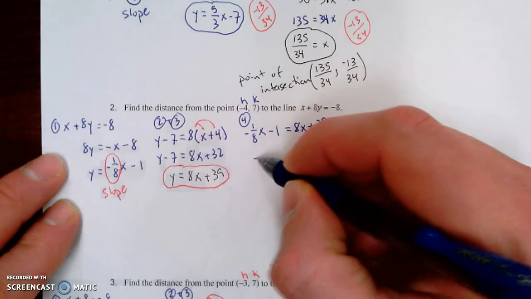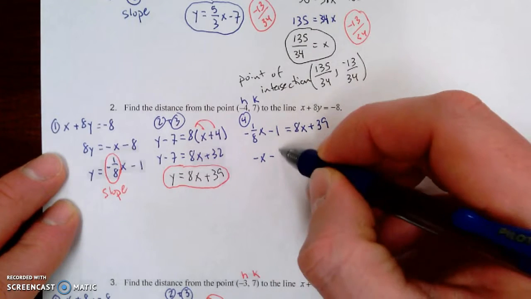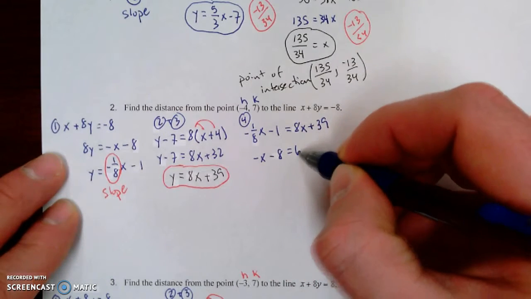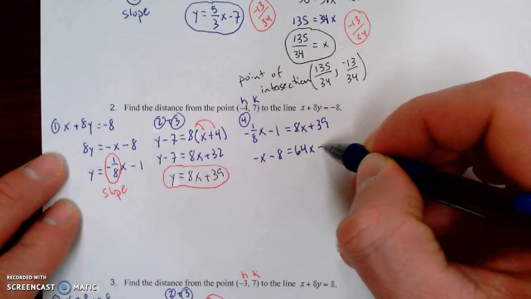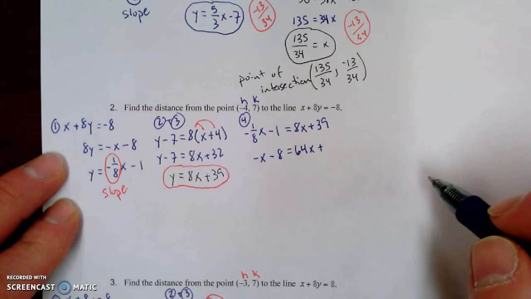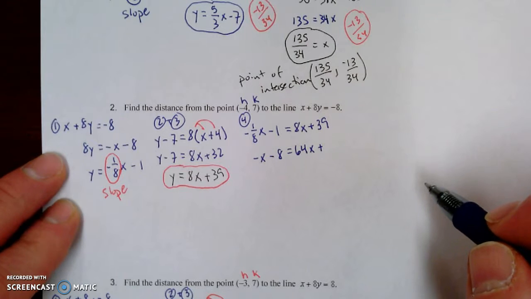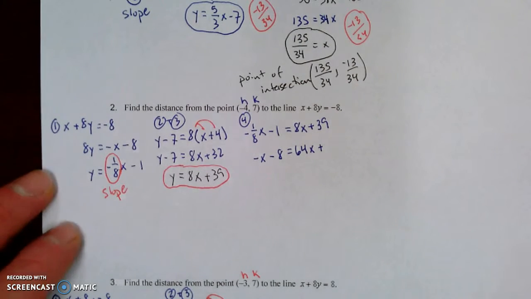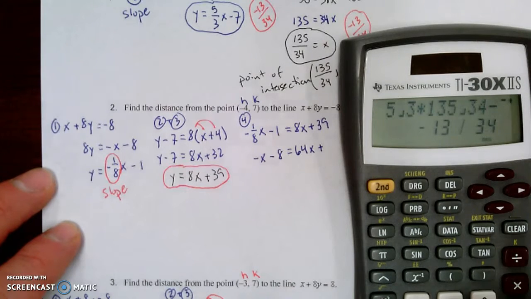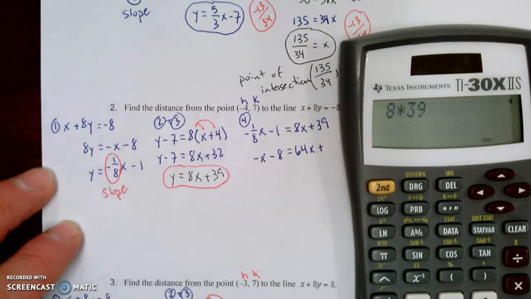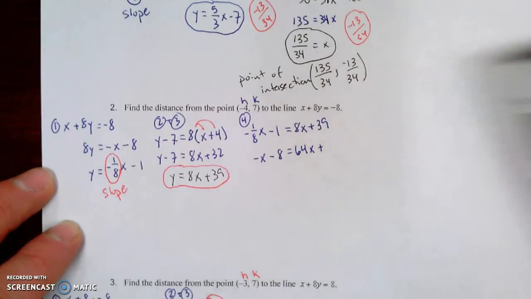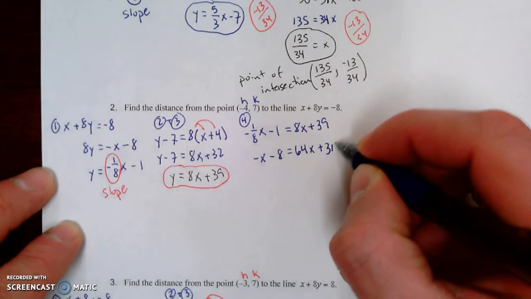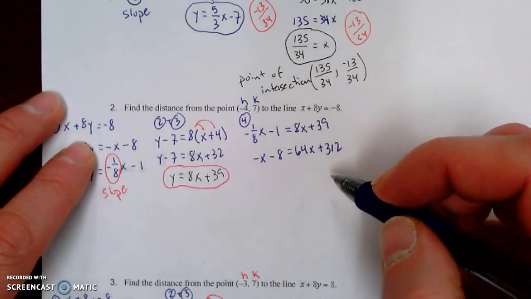So that gives us negative x minus 8 equals 64x plus 8 times 39, which is some really big number. Let's get our calculator out. Let's see. 8 times 39, 312. Okay, 312.